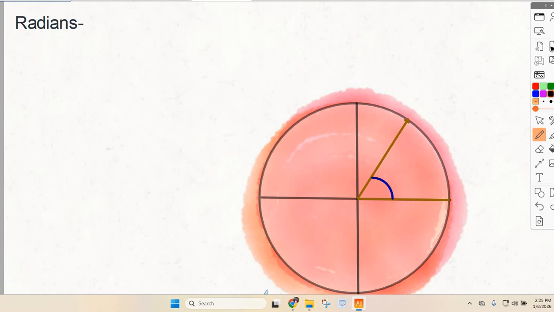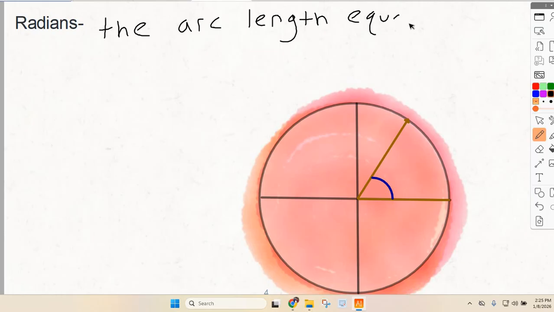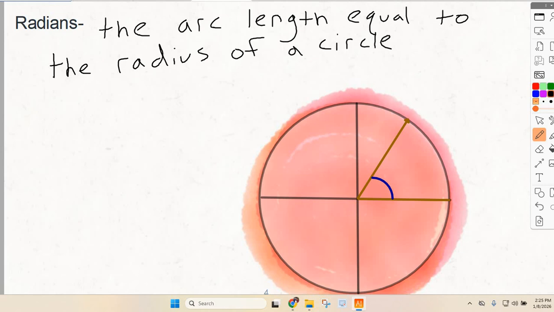Okay? So remember that a radian is the arc length equal to the radius of a circle. Remember, an arc length is just an outer portion of a circle.